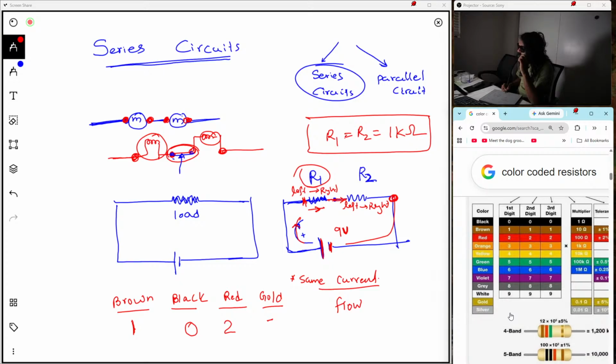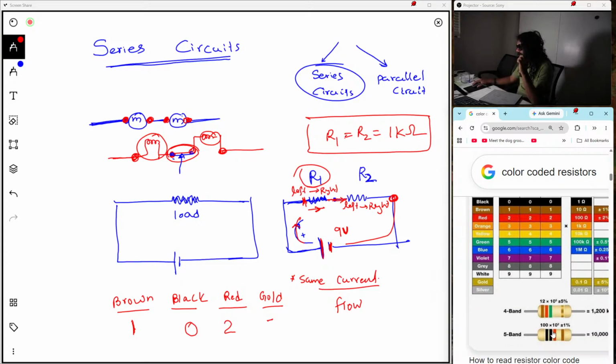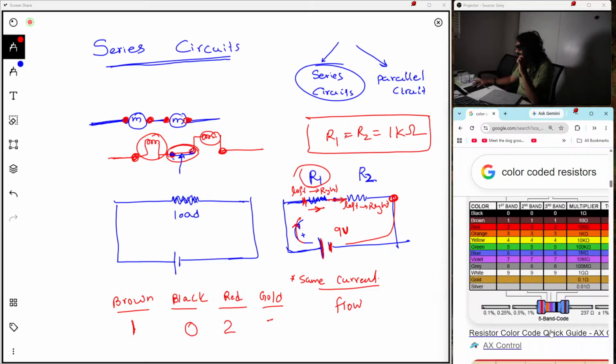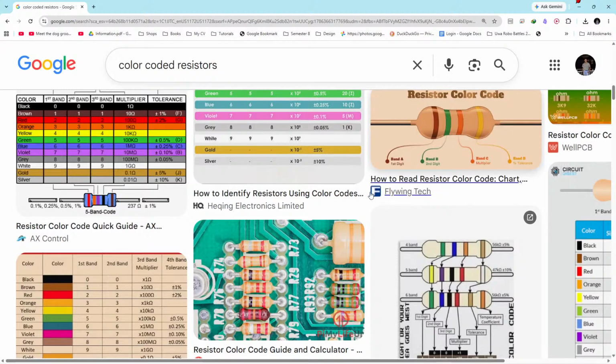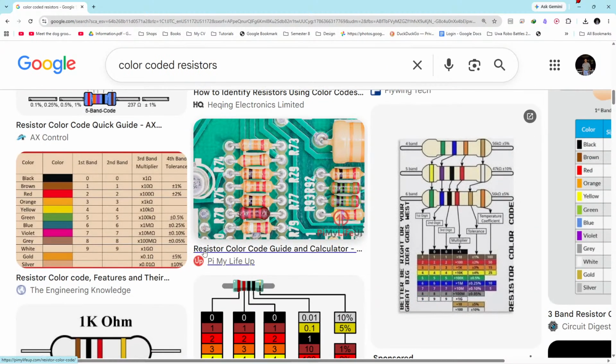For gold, was it 10? Gold tolerance, let's see, gold tolerance is 5%, right?